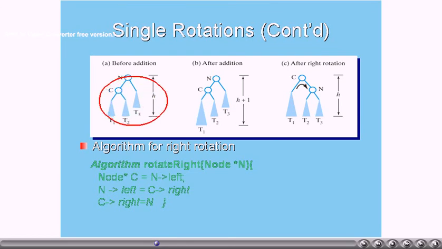If we consider the trees T1, T2, T3, they are the subtrees. So the height difference of T1 and T2 is 0. So at c, the balance value is 0. However, at n, the balance value is h minus (h minus 1), that is 1. That way, the tree is an AVL tree.